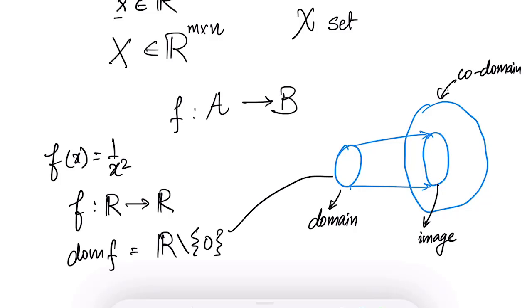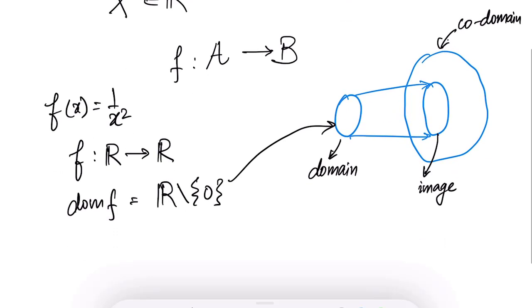So this is the domain. And in this case, the image of f is basically, if you put any real x, then you can have the entire real line except the 0 point, right? So you cannot get a 0 as the output because x equal to infinity is not included in the real line, right?